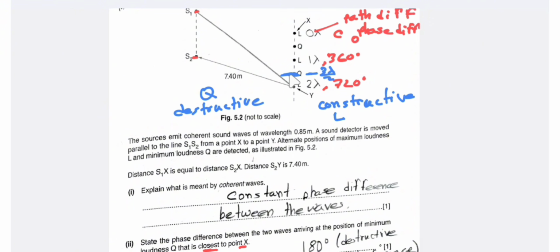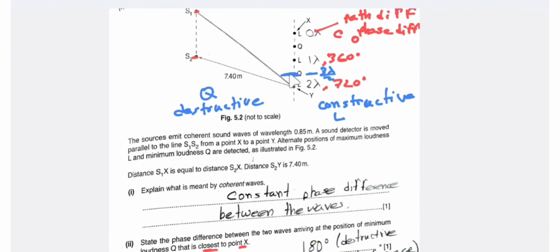Now what is distance S2x? For distance S2x, this is the baseline. So from this loudness to this loudness, this is one distance or one lambda. Similar to this loudness to this loudness, this is also one lambda. So from the baseline, this length is also equal to this length.